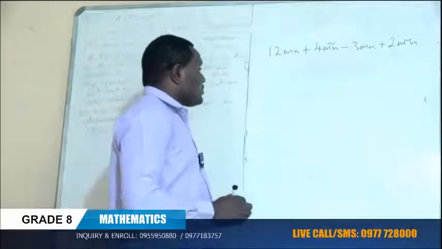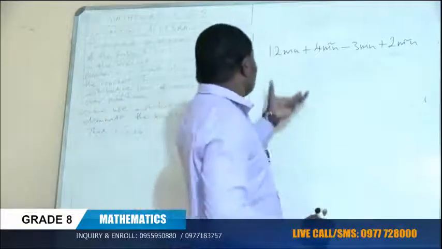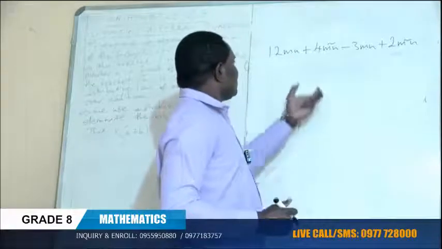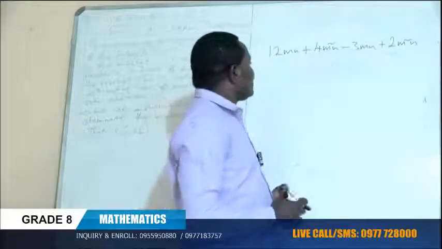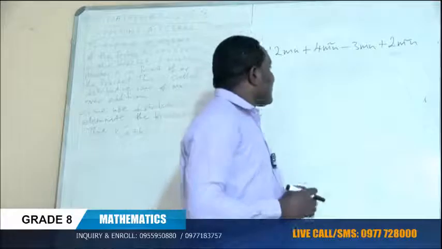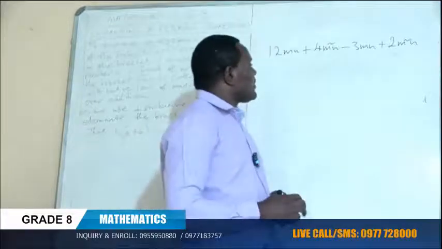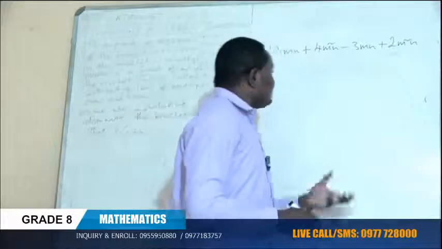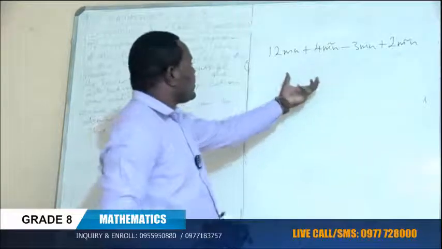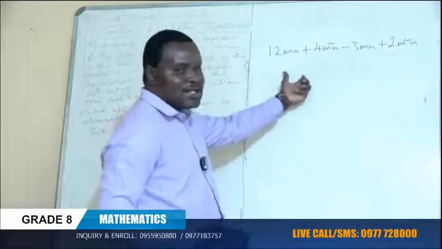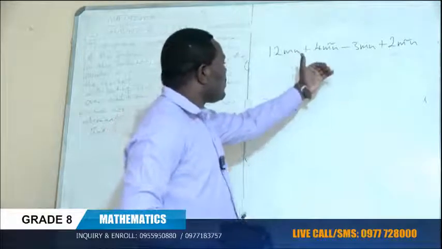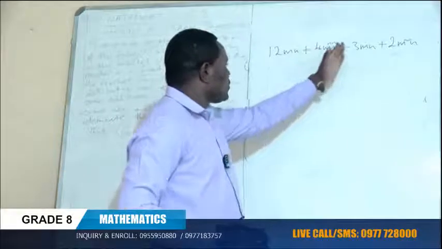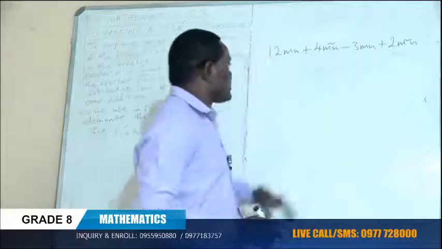This is the expression that I gave you. 12mn plus 4m squared n minus 3mn plus 2m squared n. If you check this expression here, you will notice that it has got 4 terms. 1, 2, 3, 4. It has got 4 terms.